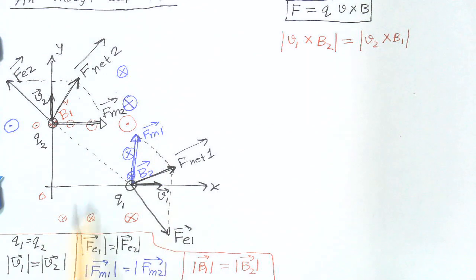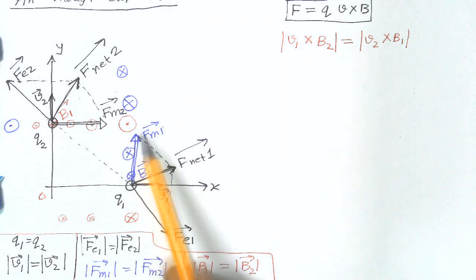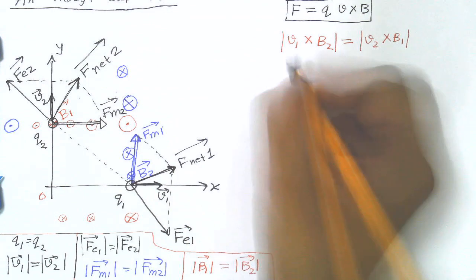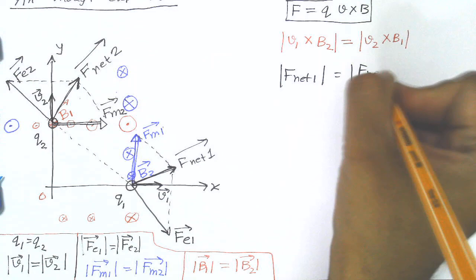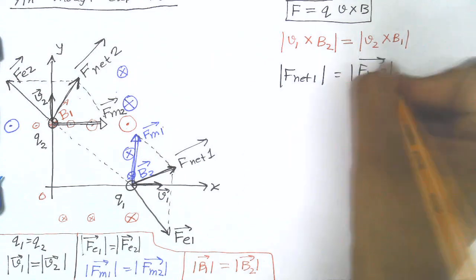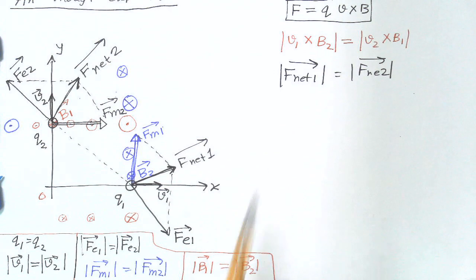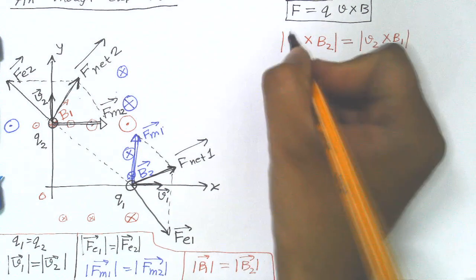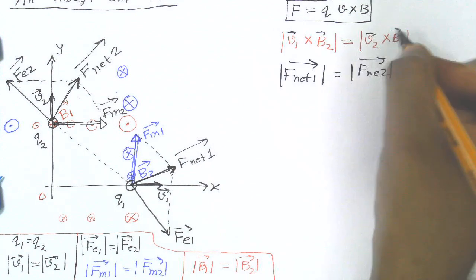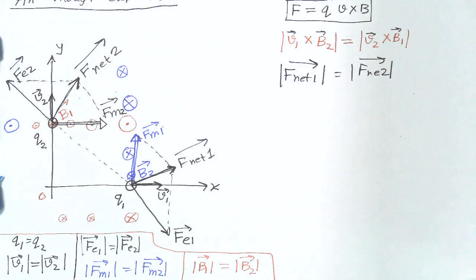The entire situation is symmetric according to the diagram and the description. So it's obvious that F net 1 and F net 2 are the same in magnitude, but they are not opposite in direction. Is it possible? Is it allowed? It seems like violating Newton's third law.